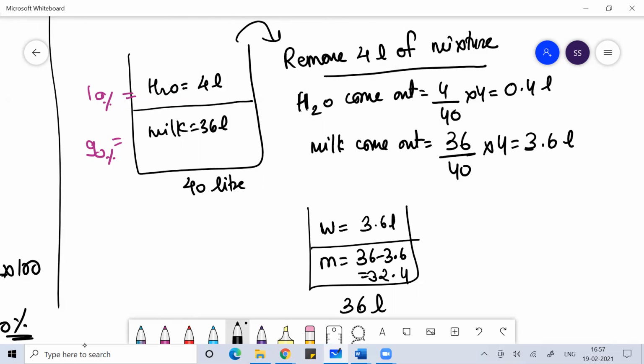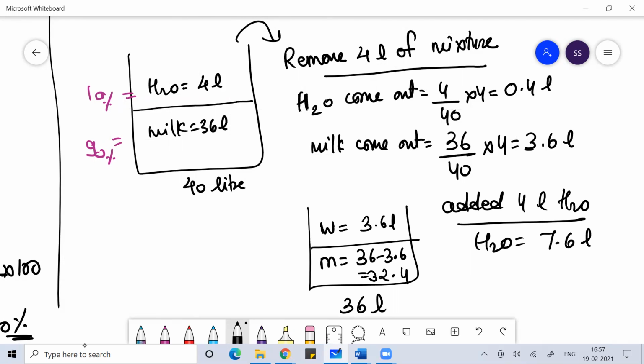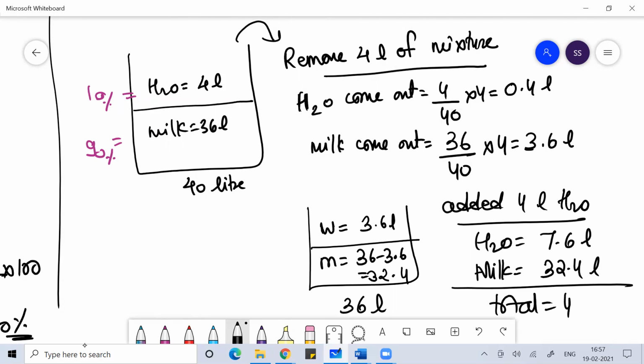So what you did is remove 4 liters of mixture and add 4 liters of water. Now the water is 7.6 liters, milk is 32.4 liters, and the total volume is now 40 liters.